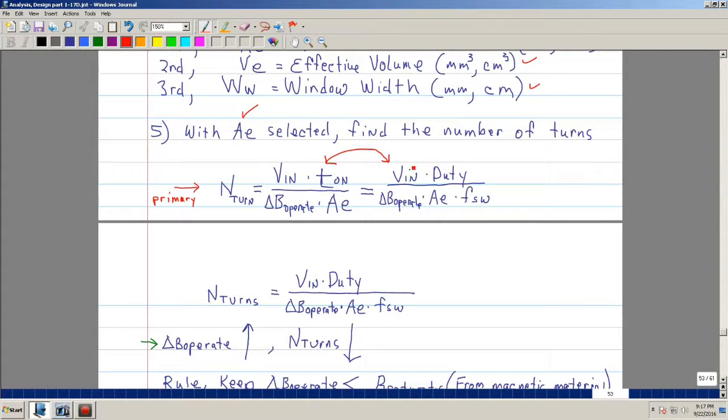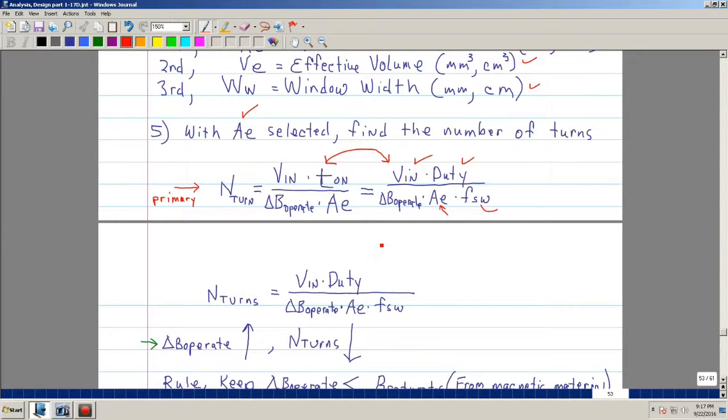Again, Vin is your input, that's your parameter, that's your design. You designed for the duty cycle. That comes the f sub SW. That's your design, and you've already selected your core. And since you selected your core, you should have that value. So you enter it here.